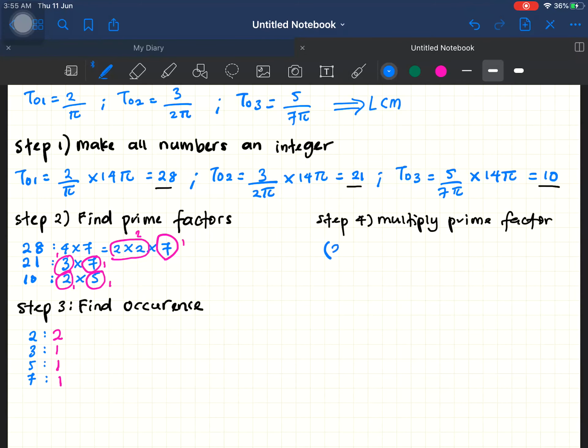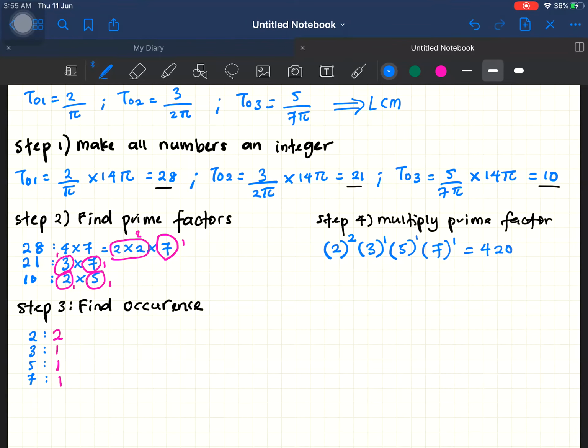Instead, it will be the prime factor to the power of its occurrence. Okay, so in this case, 2 to the power of 2 multiplied by 3 to the power of 1 multiplied by 5 to the power of 1 multiplied by 7 to the power of 1. So here you will get, I think, 420.